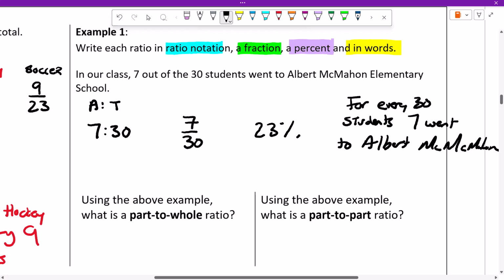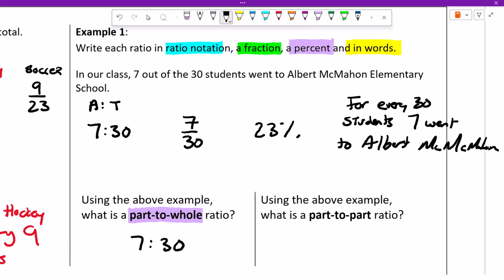You can go something called a part to a whole, means the whole means total, right? Comparing your thing to everything. So for example here, that'd be 7 compared to 30. 7 out of a possible 30 went to Albert McMahon. So that's called a whole, right? That's everything.